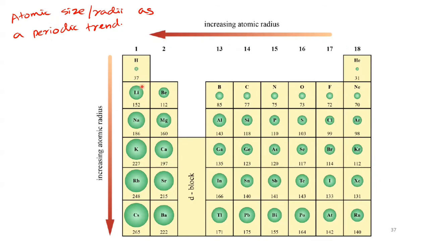And what kind of a trend do you see going from top to bottom? Going from top to bottom, you can see that the size of the atom increases.